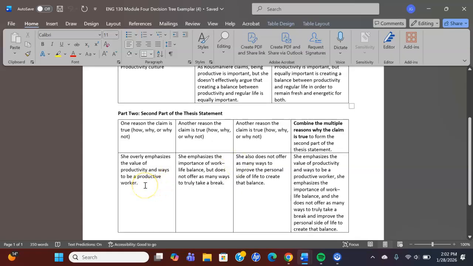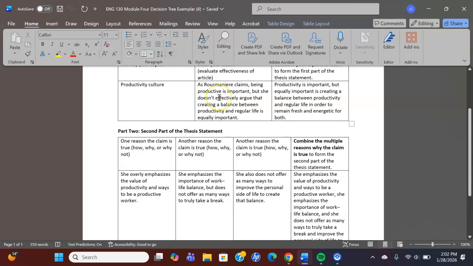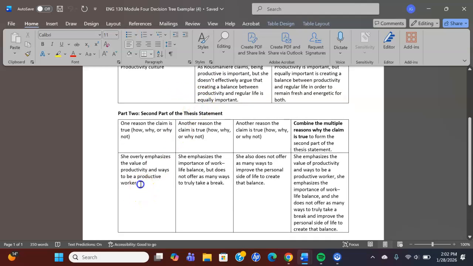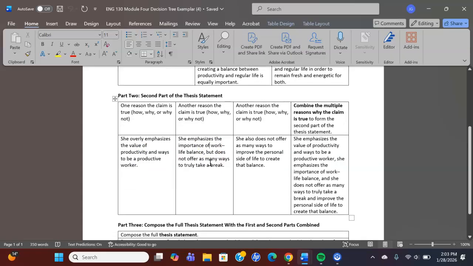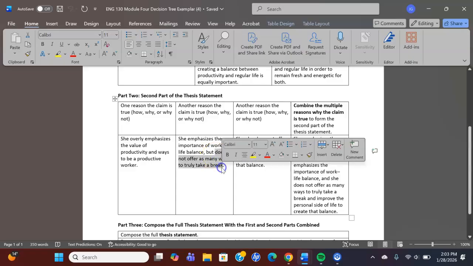So the student's first reason as to why the article is ineffective: she overly emphasizes the value of productivity and ways to be a productive worker. So this student is saying that she focuses too much on that. And then she emphasizes the importance of work-life balance, but does not offer as many ways to truly take a break.